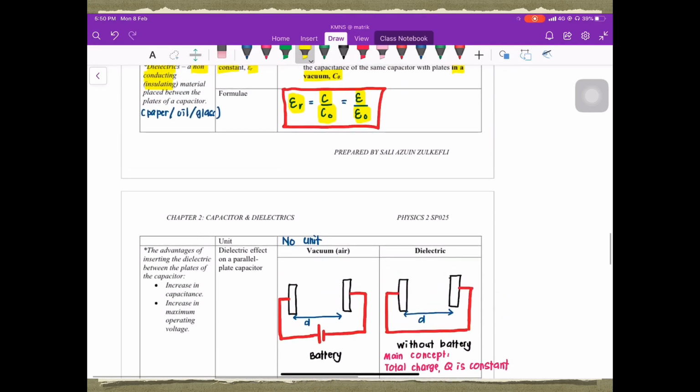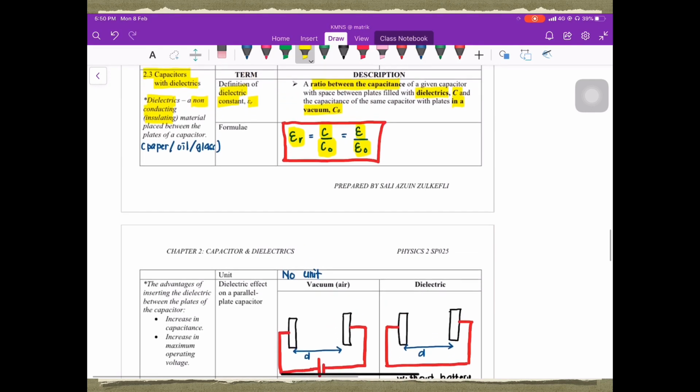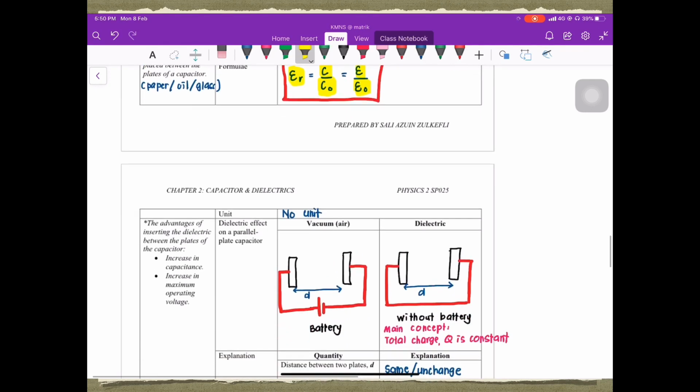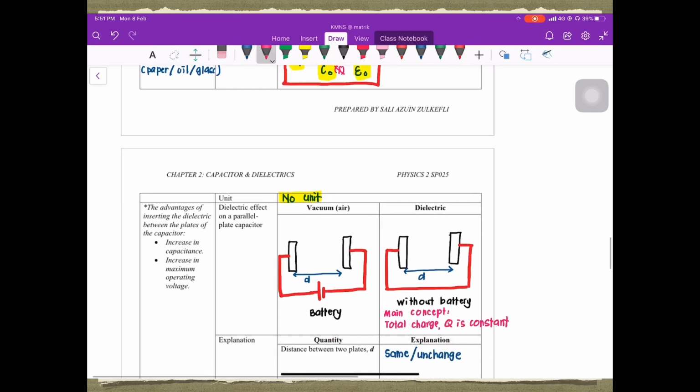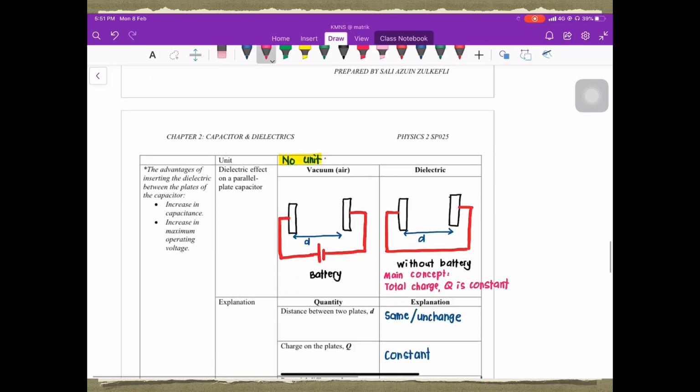From here, we can state the dielectric constant has no unit, because capacitance with dielectric is in farad and capacitance in vacuum is also in farad. So they cancel out. That's why no unit.